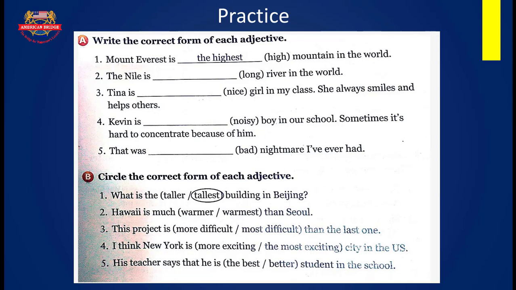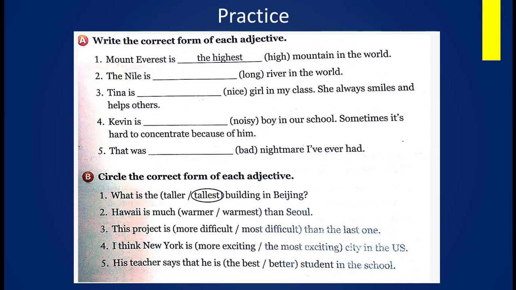Hawaii is much warmer than Seoul, right? Number 3, the project is more difficult or most difficult than, we use more difficult than the last one. Number 4, I think New York is the most exciting or more exciting. If we use more exciting, we need the word than. So we use the most exciting city in the US.